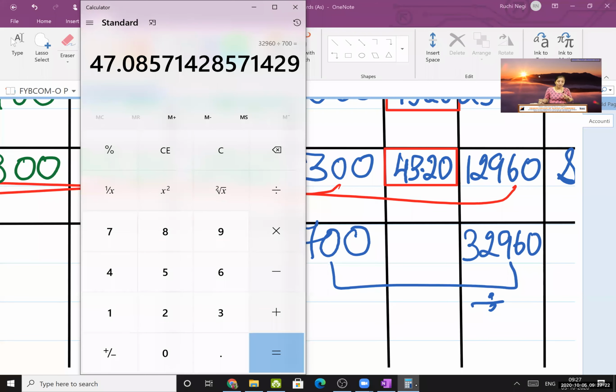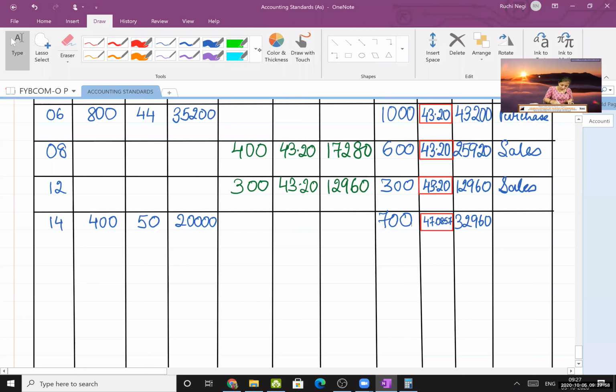But you can follow both. It's allowed in exam. Any one which is convenient, you can follow. Try and understand how going up to 4 decimals and going up to 2 decimals makes a difference to the final answer. I'm writing here purchase.